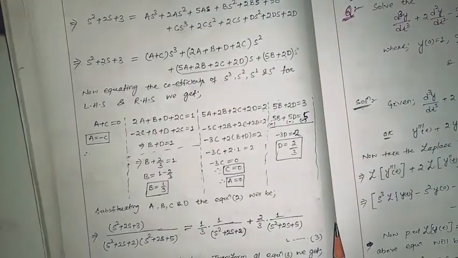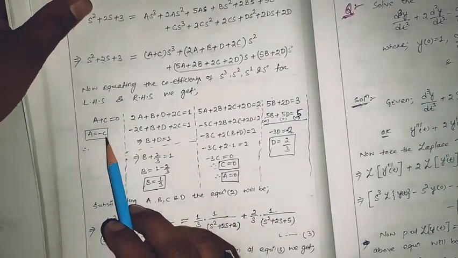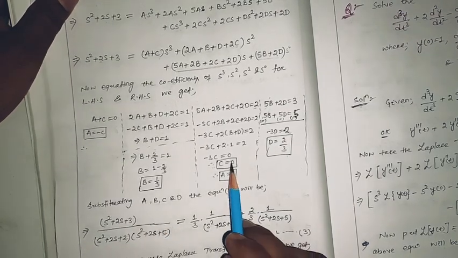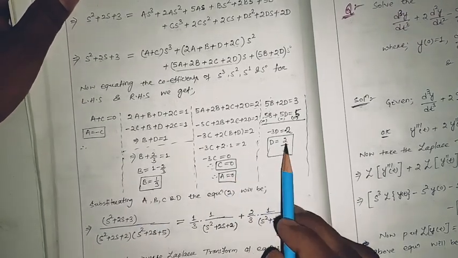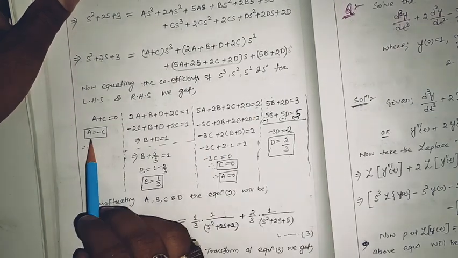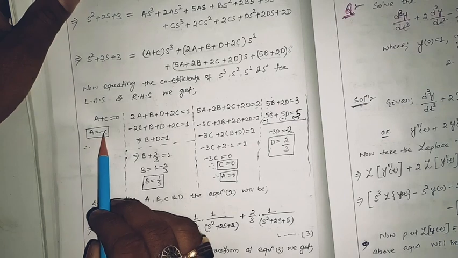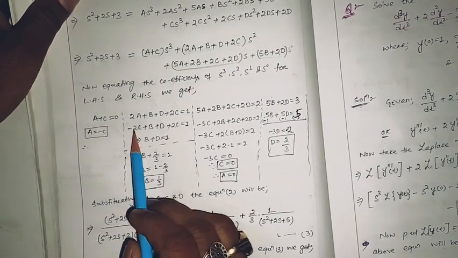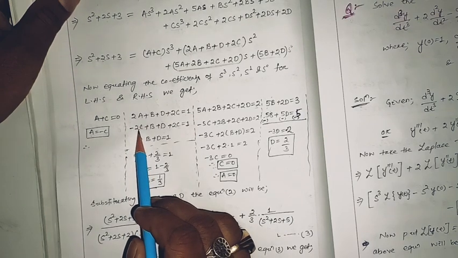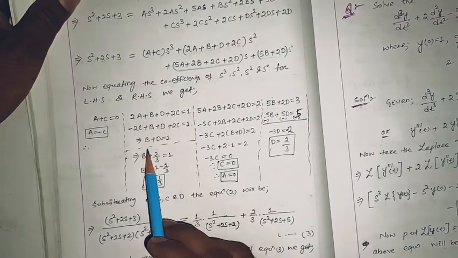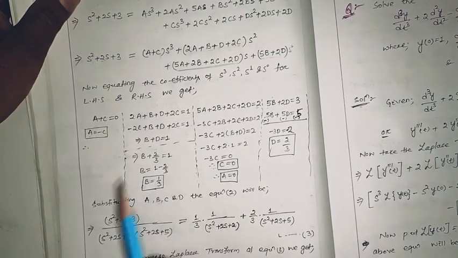Here I solved and found a equal to 0, c equal to 0, b equal to 1 by 3, d equal to 2 by 3. Simple simplification. Here you can see a equal to minus c, since a plus c is 0. I just substituted, instead of a it will be minus c, so b plus d plus 2c equal to 1, 2c cancelled out, b plus d equal to 1.